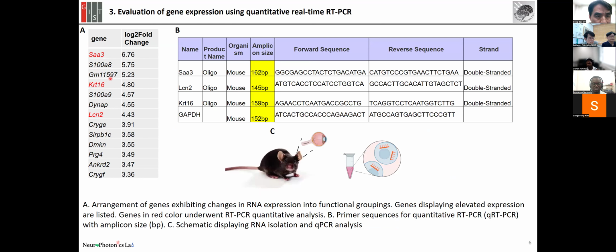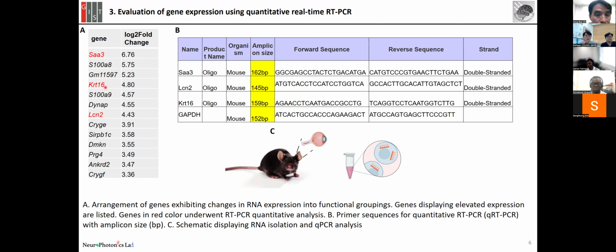GM1157 is very rare; it is only found in one rare disease, so I ignored this also. Then I found LCN2 is at a very high level in the retina, so I wanted to check if it is related in the cornea or not. And KRT16 is very much related to epithelial deterioration. So that's why I chose these.